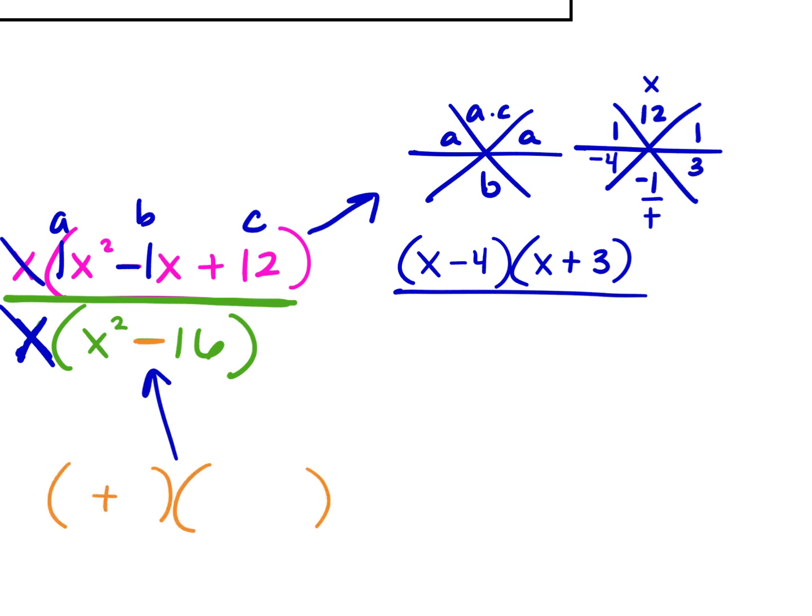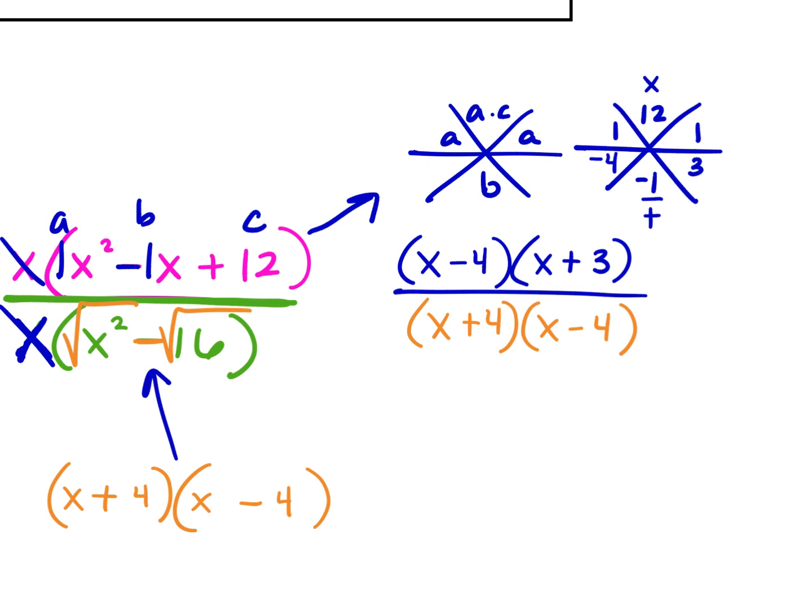It's going to be a plus and a minus, and then you're essentially square rooting the first and square rooting the last to get an x and a 4. So that's what's going to go here. x plus 4 times x minus 4.